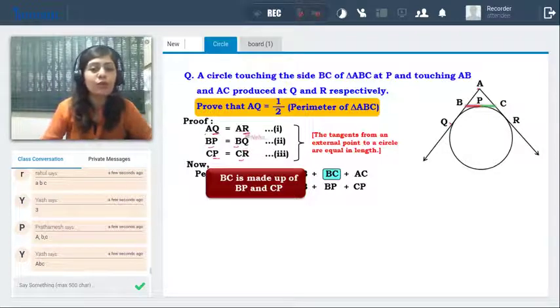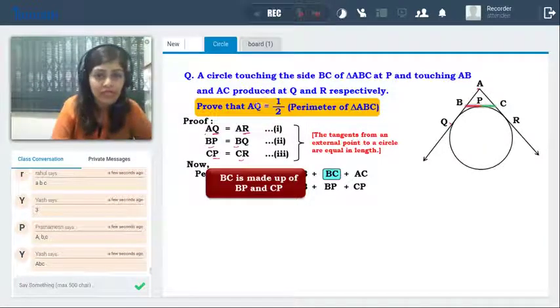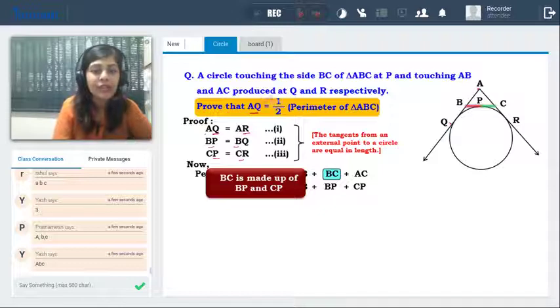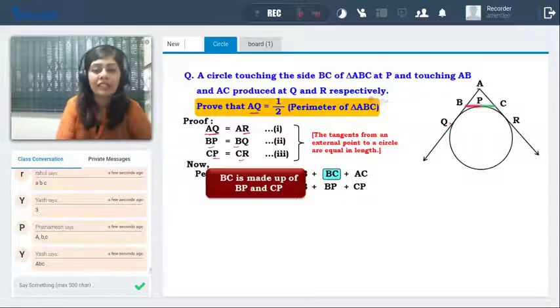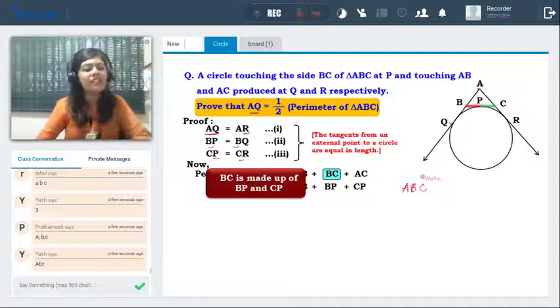Now let's quickly move to what we need to prove. We need to prove that AQ is equal to half perimeter of triangle ABC. Now look at AQ. AQ is one side. We need AQ equal to half perimeter of ABC. Now what is perimeter in general?